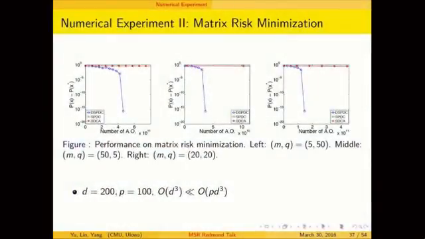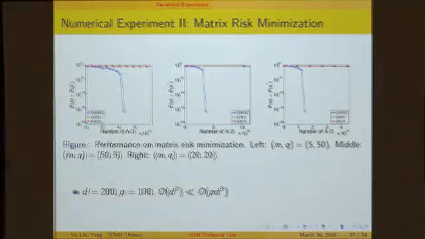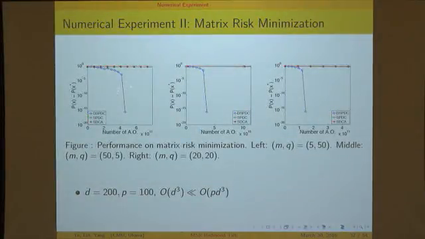So, as we mentioned before, the SPDC in this scenario is even faster, significantly faster than the other two competitors under different sample schemes, no matter whether M is larger than Q, M equals Q, or M is smaller than Q. That's basically because in each iteration, we only need one eigenvalue decomposition, but the other two competitors need P eigenvalue decompositions.